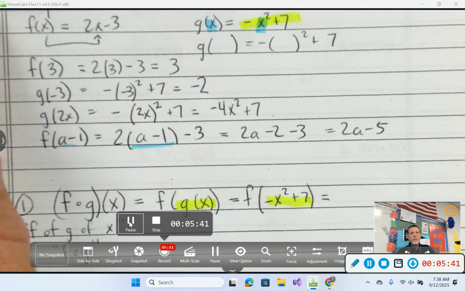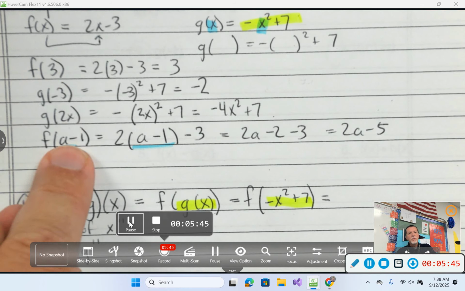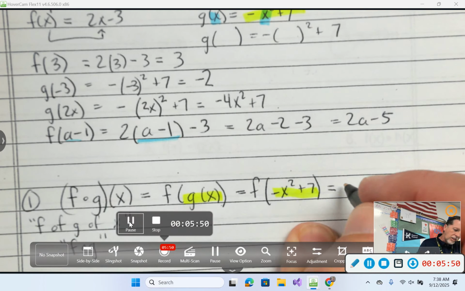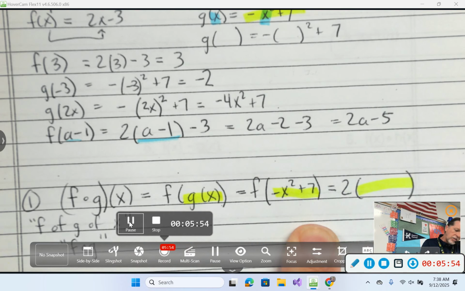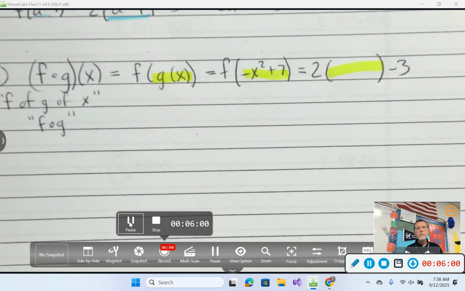So now I'm looking at the f function. Instead of plugging in x, instead of plugging in 3, instead of plugging in a minus 1, I'm going to plug in negative x squared plus 7. So the f function is 2 times the input minus 3. That's what the f function is.